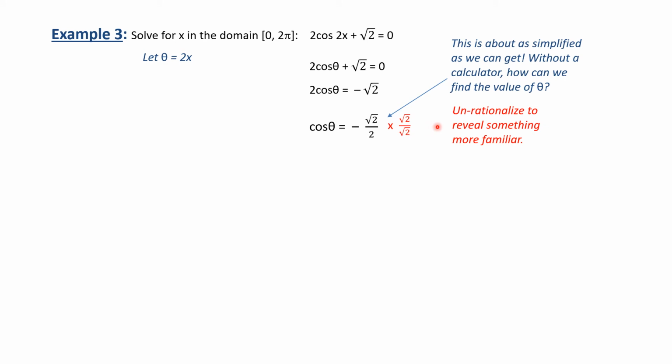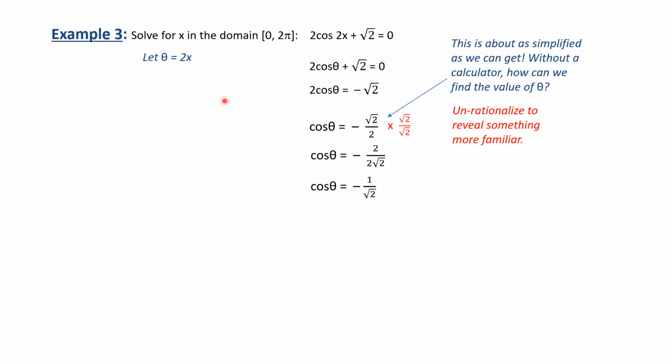Multiply both sides by root 2 over root 2, and the 2 root 2's in the numerator become a 2. Now these 2's here are going to cancel out. So 2 times root 2 is just 2 root 2. I'm going to cancel out those 2's, and I get negative 1 over root 2. Okay, now we can work with this.